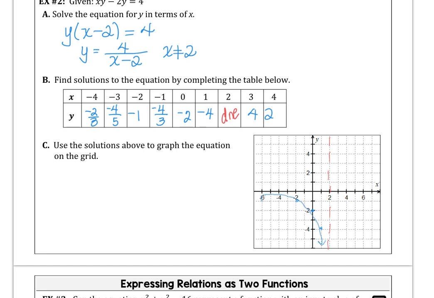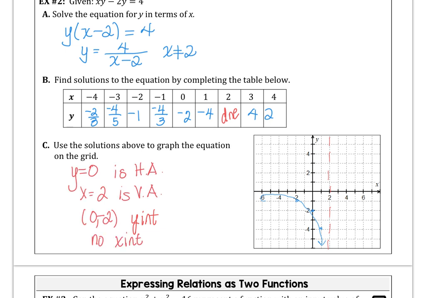We also know, let's add this, that y equals 0 is the horizontal asymptote, and x equals 2 is the vertical asymptote. (0, -2) is the y-intercept. There is no x-intercept because y equals 0 is a break in the range.